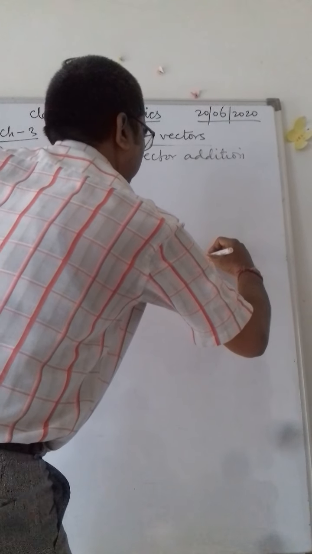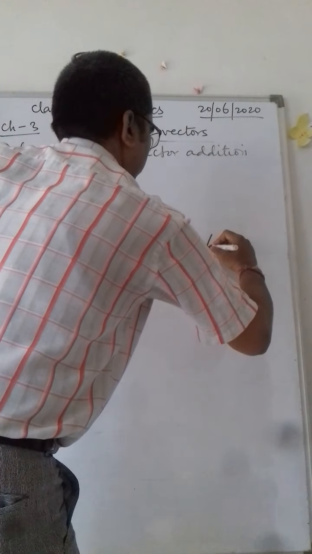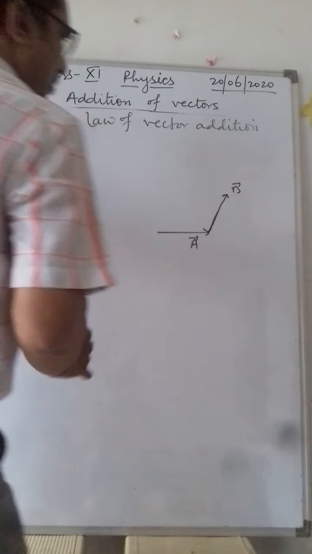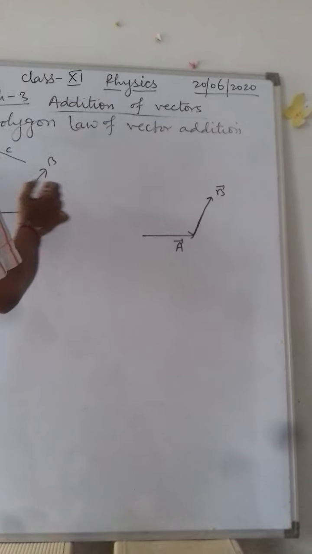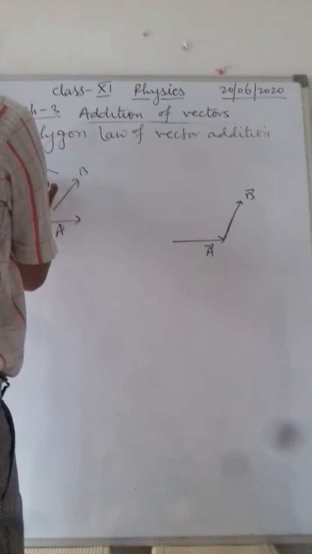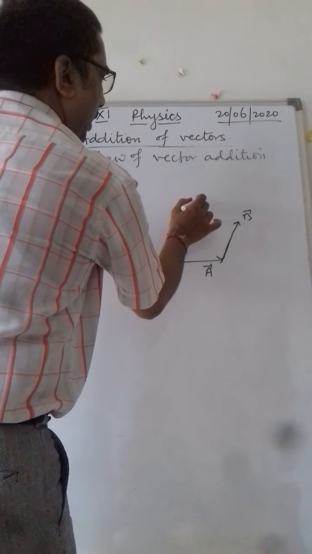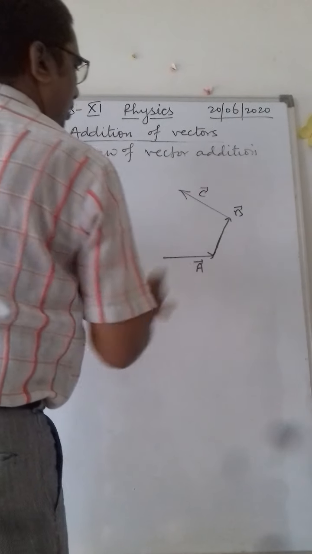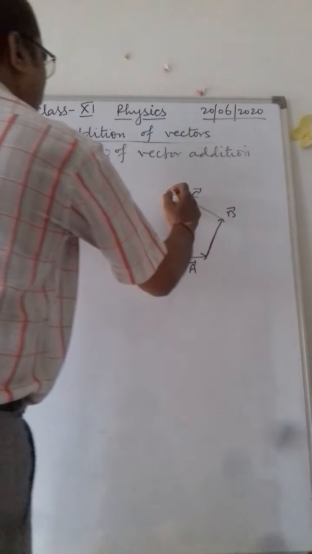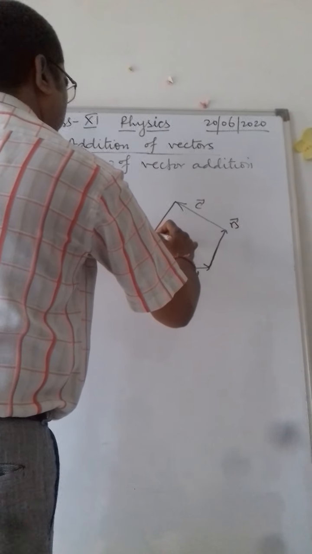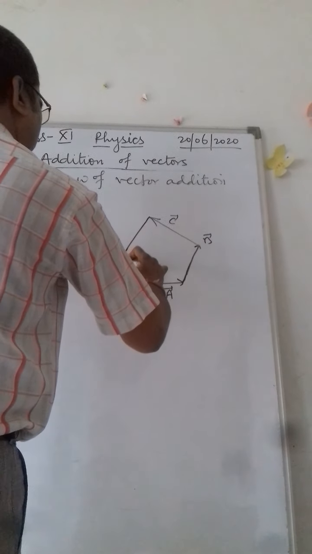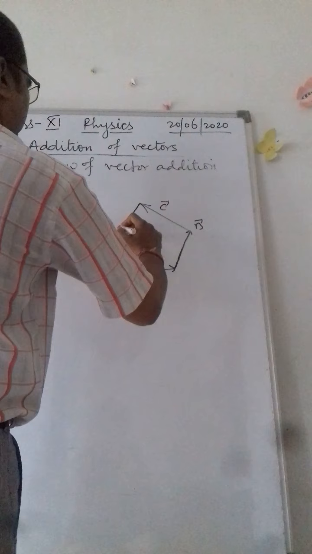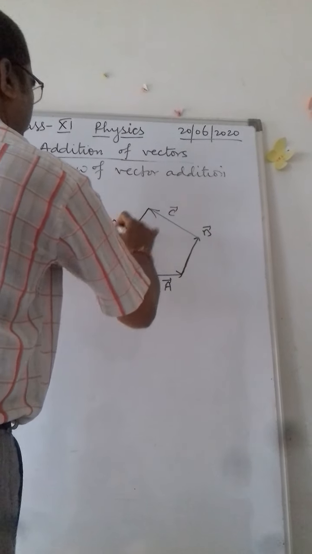That means this is the head and this is vector B. Similarly, the third vector C, and parallel to D, it is also connected in this way. This is vector D.